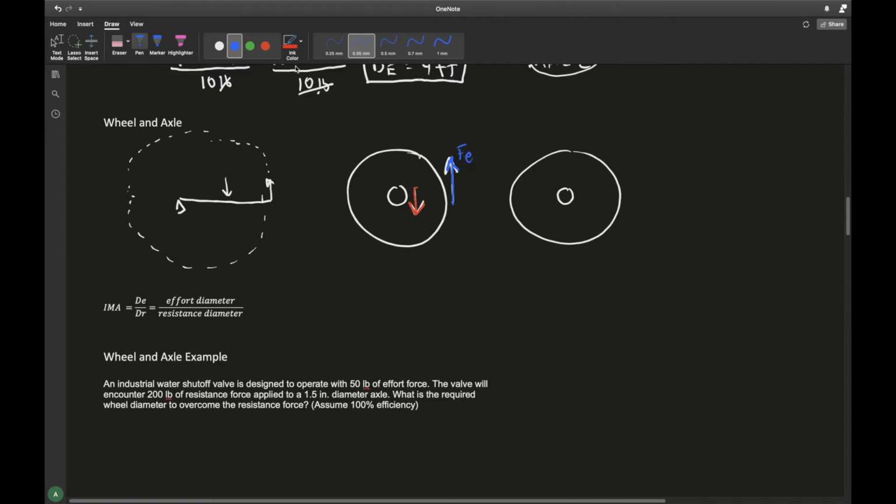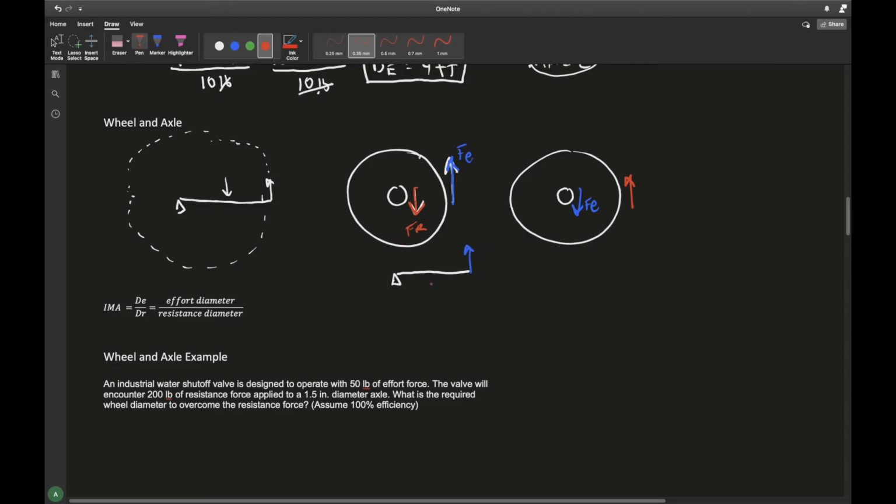Something like this. The other case is that the resistance is towards the outer part of the wheel and the effort is placed on the inner. And really what they equate to, if you think of it in terms of a lever, is it really makes our second and third class levers here.